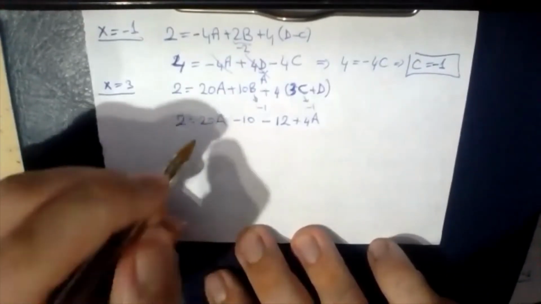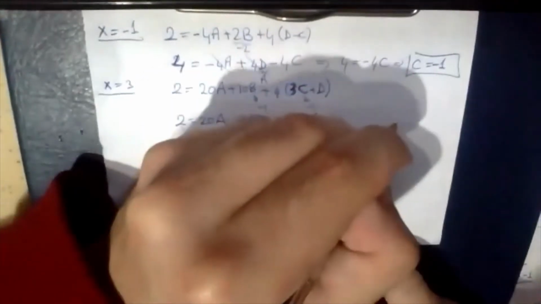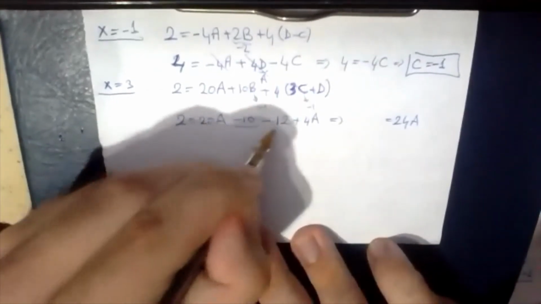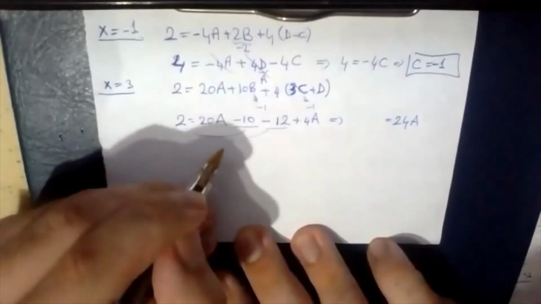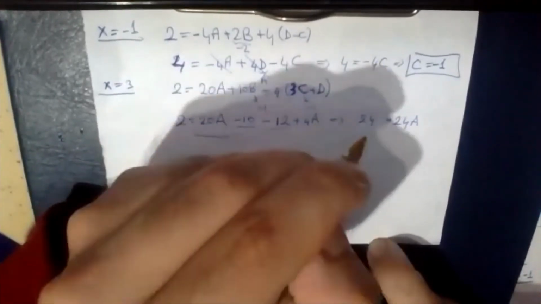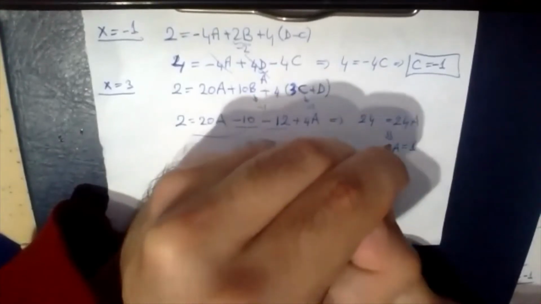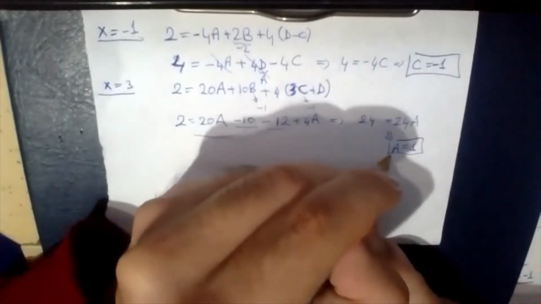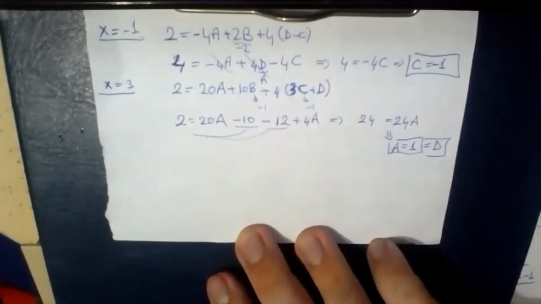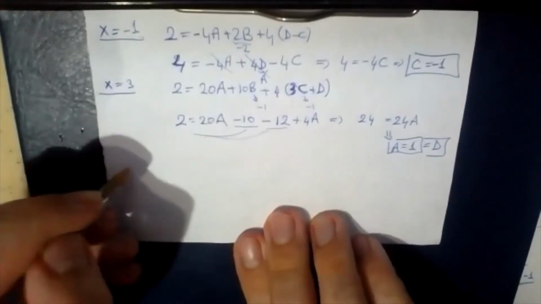At the end, we can find 24a is equal to, we can take these scalar numbers to the left-hand side, 24. So when we cancel them, a will be equal to 1. And since d is equal to a, d also will be equal to 1. So we complete the decomposition.